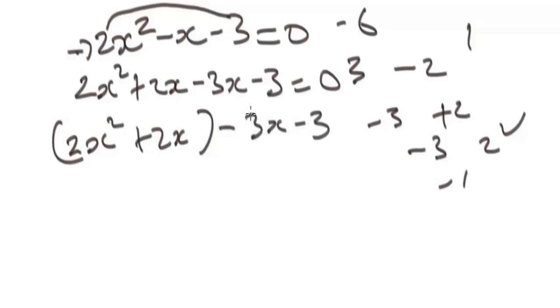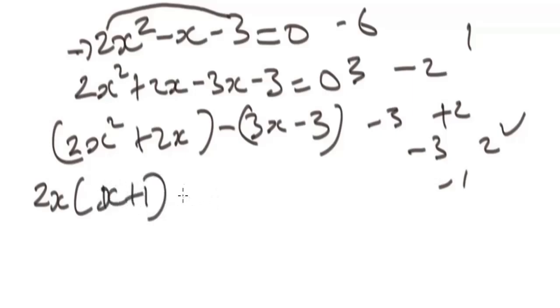The common factor here is 2x in brackets, x plus 1, and minus the common factor here, 3 in brackets, so we have x minus 3 divided by minus 3, we're going to have plus 1.